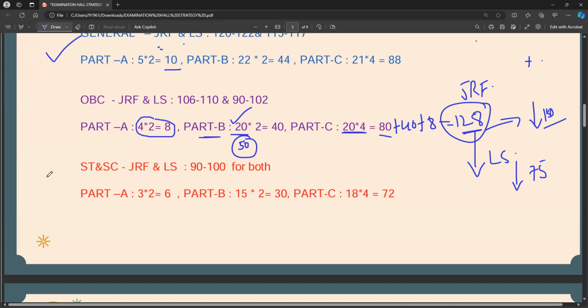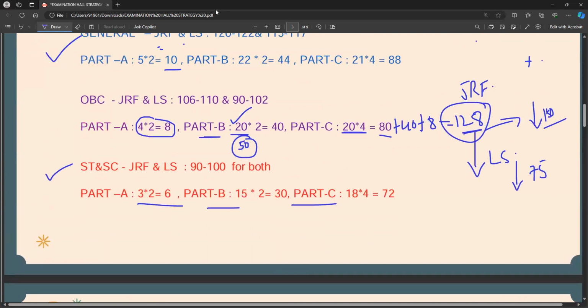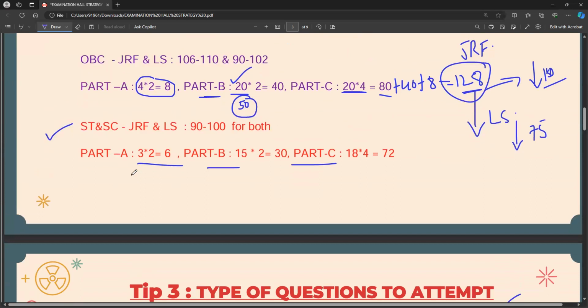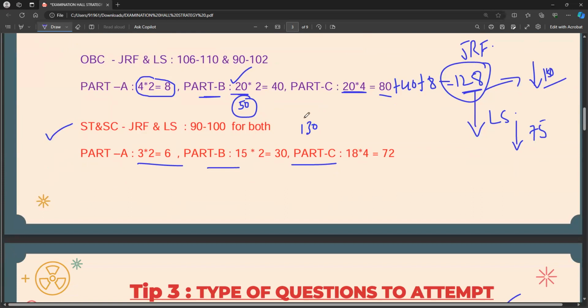Now, when it comes to SC/ST, it is very important, even though you're answering a very small number of questions in the given question paper, make sure that every question that you choose is correct. If you think I will answer for 130 marks to be on the safe side, so that I can get the 100, trust my words, you never get that. You will choose all questions wrong.